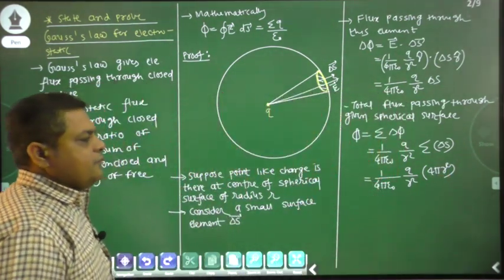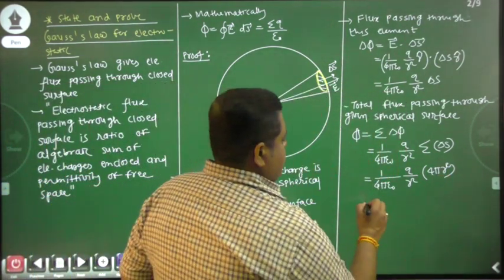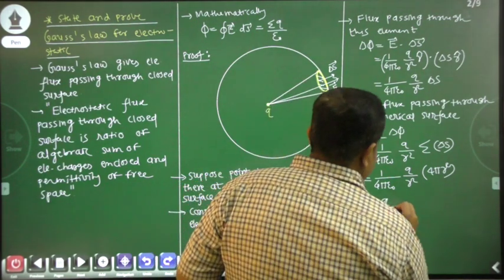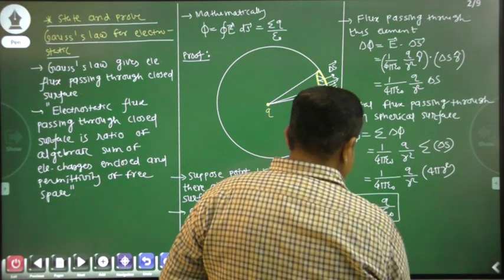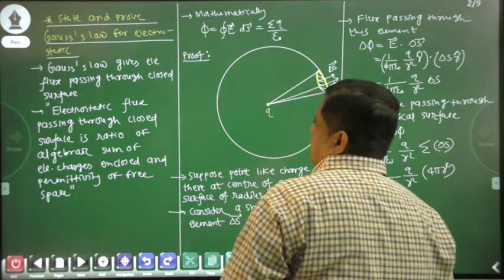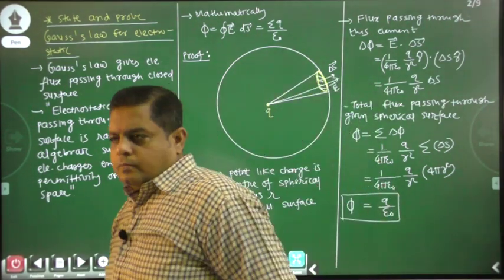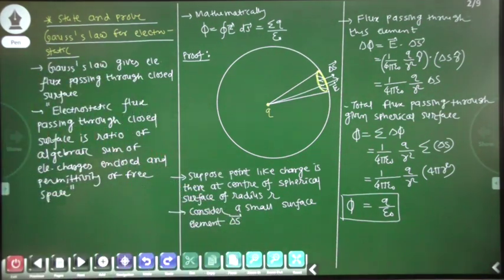It is a spherical surface, so 4 pi r square. So thus we get q by epsilon naught. So this is Gauss law. Note it down, pause and read.